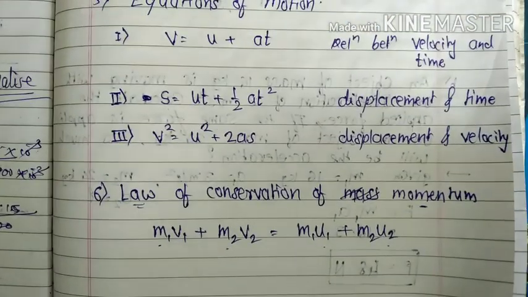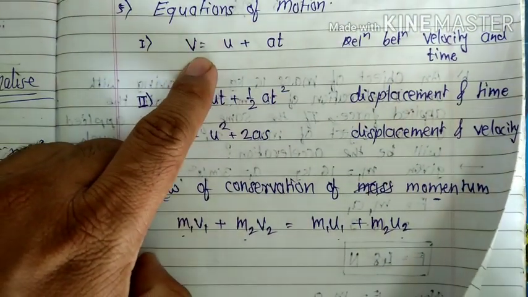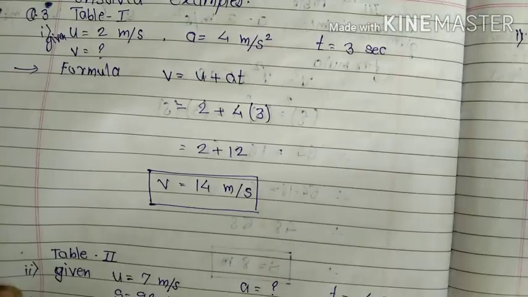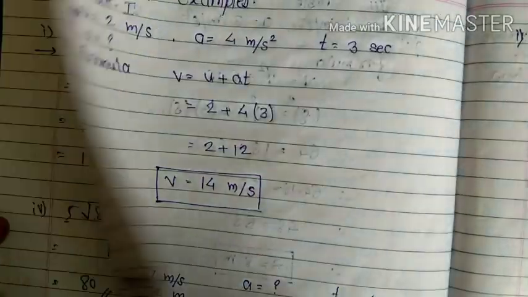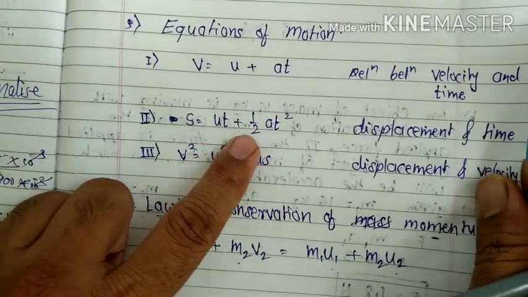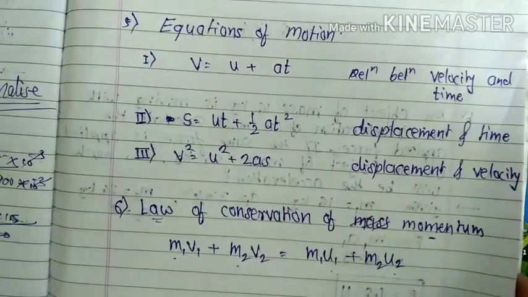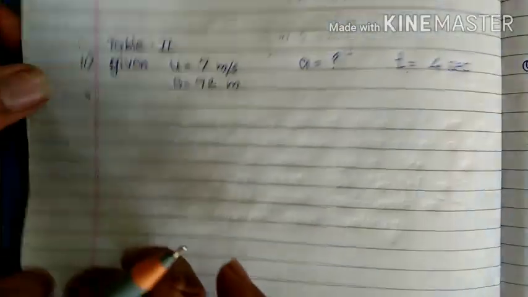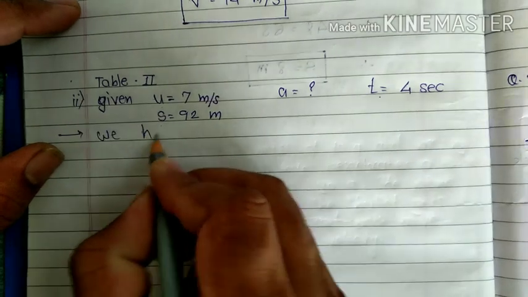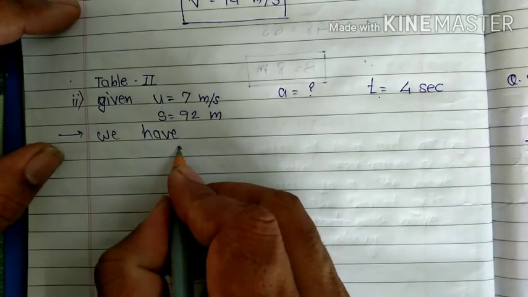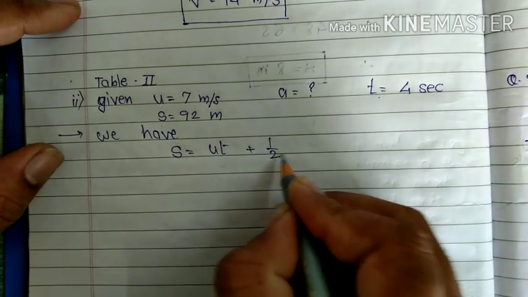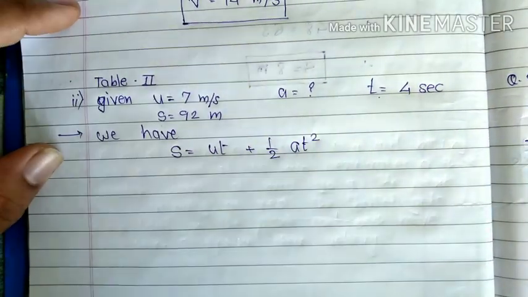The first one that we have seen, v is equal to u plus at, we have used here, and the second equation is s is equal to ut plus half at square, that we are going to use here. We have s is equal to ut plus half at square.